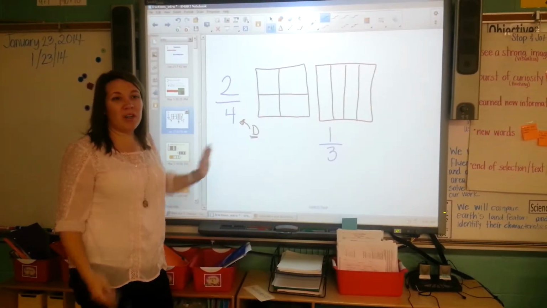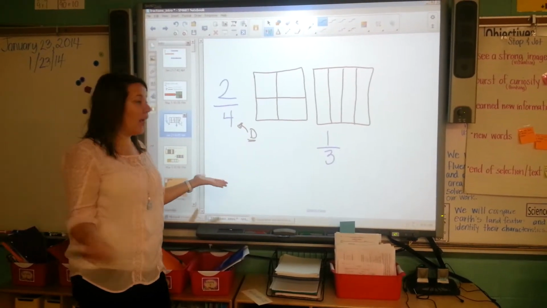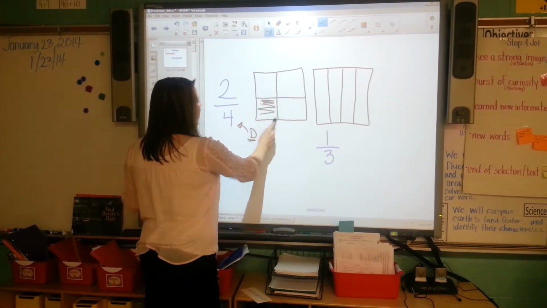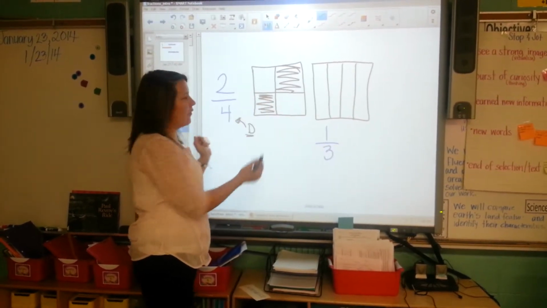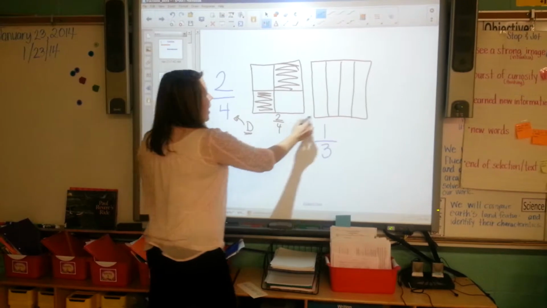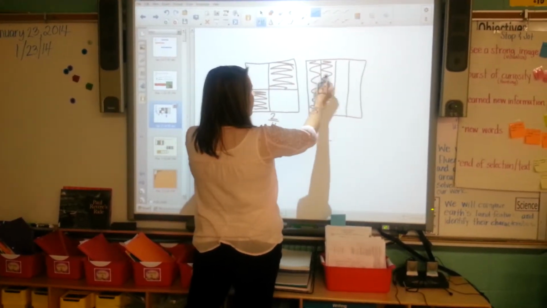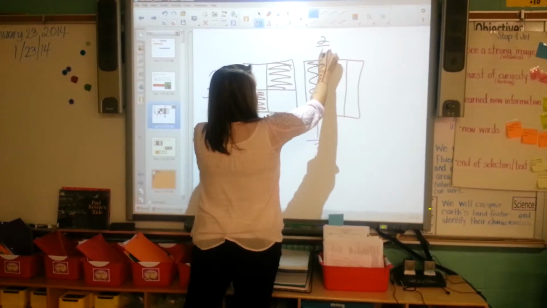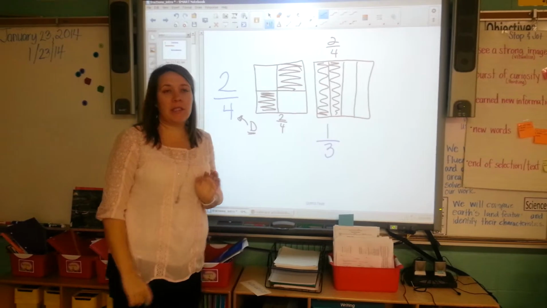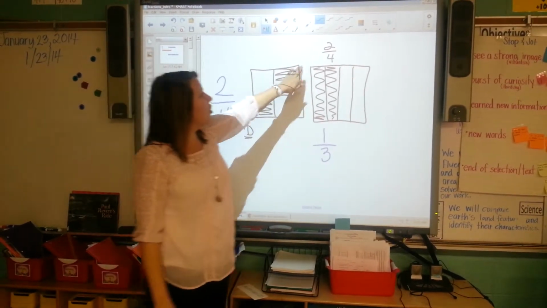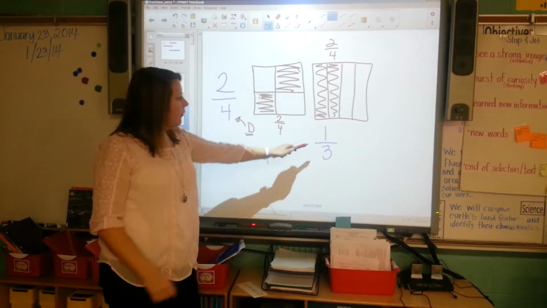So if we have 2/4, what would I need to color in or shade? Yeah, 2. It could be any 2. So that shows 2/4. And if I color in this one and that one, that's 2/4. Sometimes people will say 2 out of 4. And that's correct as well. But you read the fraction 2/4. Good.